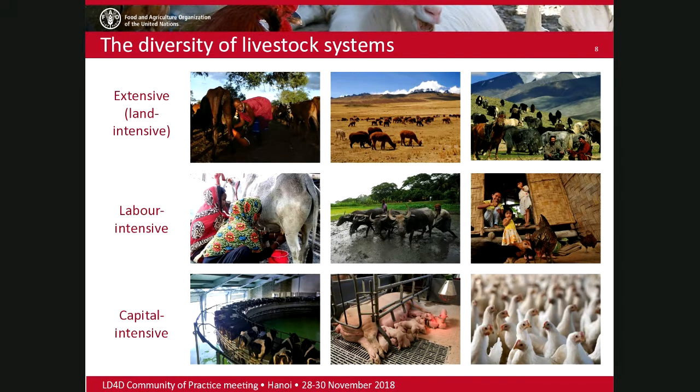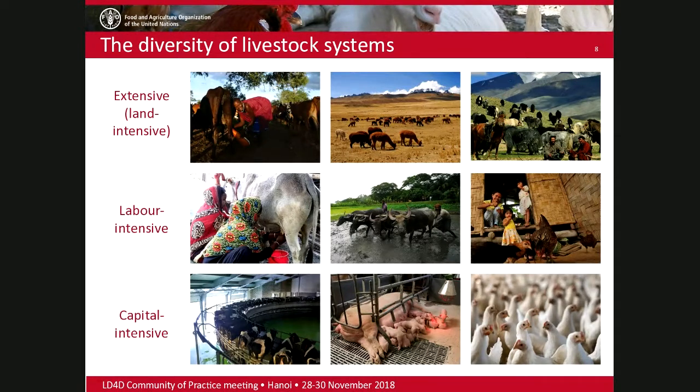Obviously in the different systems, livestock have different roles, face different constraints, and so on. So we need to use this stratification when analyzing the data. And we're producing maps on livestock systems as well, and those go hand in hand with the livestock distribution maps.